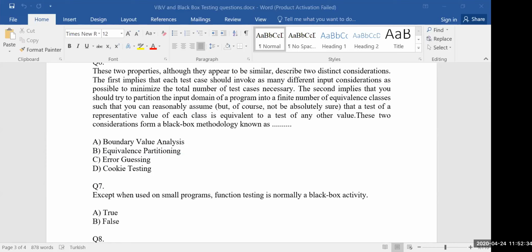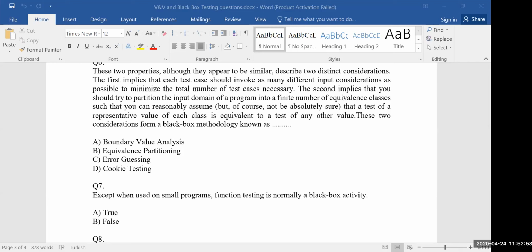Let us continue. Except when used on small programs, function testing is normally a black box activity. That is true. We have had similar discussions about these questions in the first half.